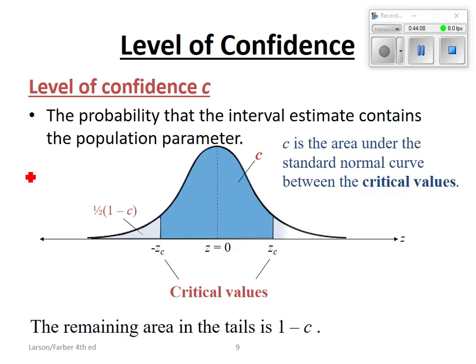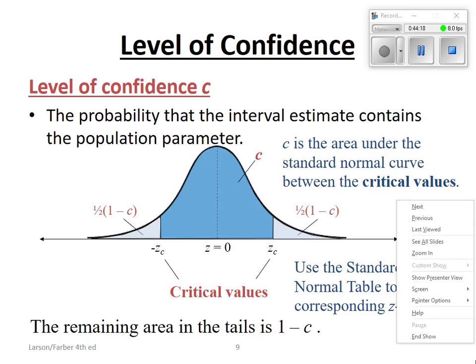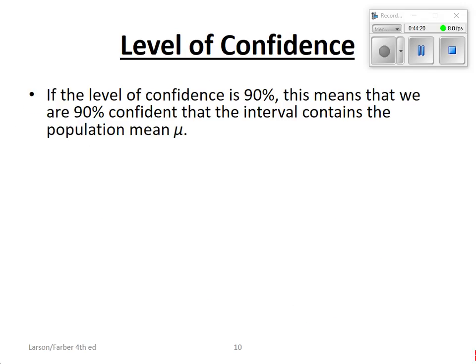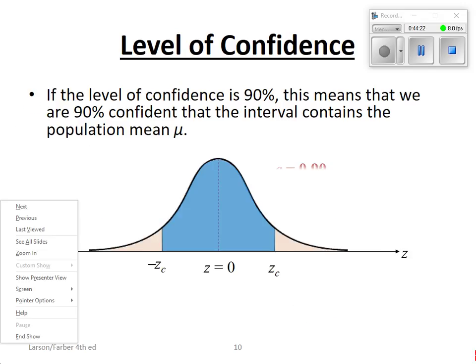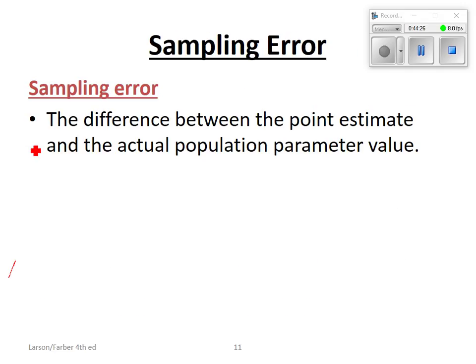Same idea. Remember, if this is 90% in here, we take 100 minus 90, divide by 2, that gives us this part and that part. We just did all that, that's why I'm going so quickly over it. Same thing there, 5% on each side.